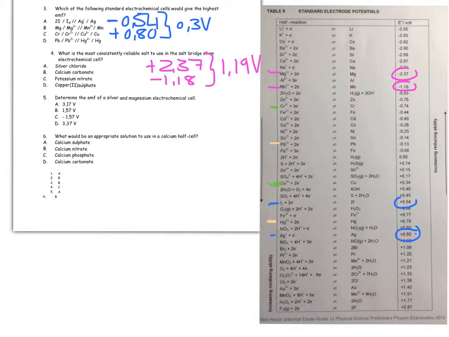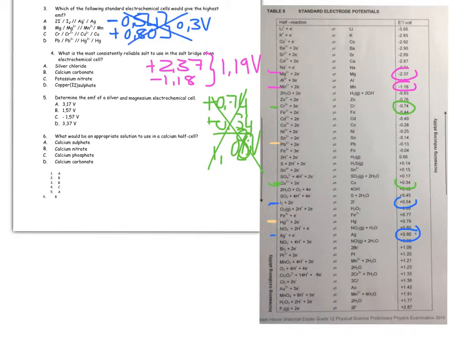Then we can try the chromium, going backwards on the chromium, it's positive 0.74, and then on the copper it's going forwards and it's positive 0.34, and I land up with 1.08. So it's close, it's a good candidate, but it's not winning against the other one, so I'm going to cross it out straight away. Oh, and PS, that one obviously has disappeared as well.